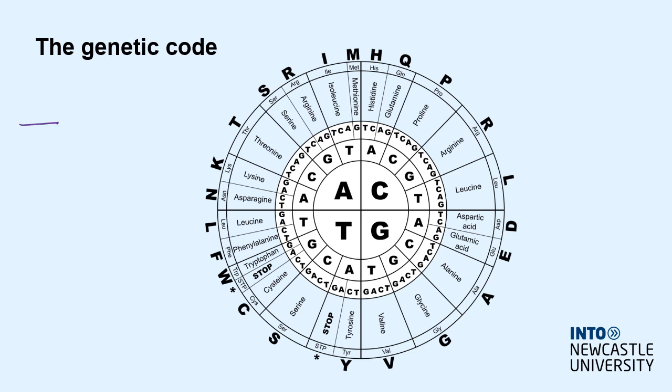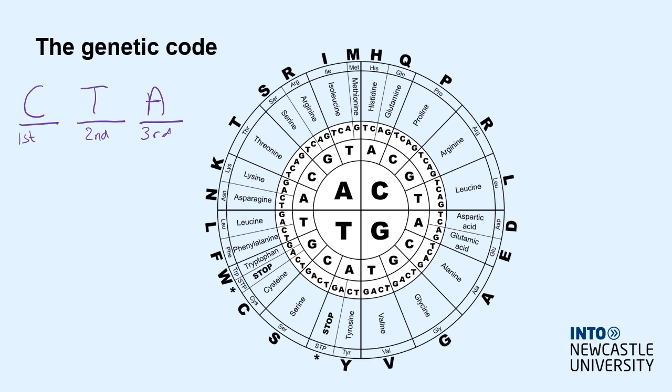If we have 3 positions, I am just going to pick some codes by chance. So I'm going to choose CTA completely by chance. So we've got the first base, the second base, and the third base. And what we would do with this system is the first position is read in this wheel.